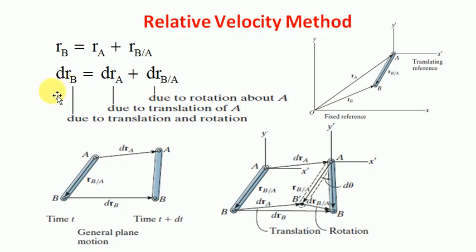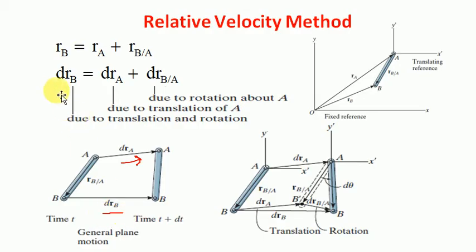Now how can we prove this? There is some change in position. So let's come here. You can see there is a link AB. After some time it has a new position, which is this one. So A has been displaced by some displacement dRA, and B has been given dRB.